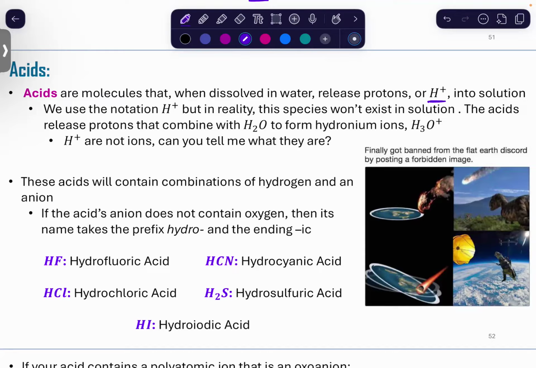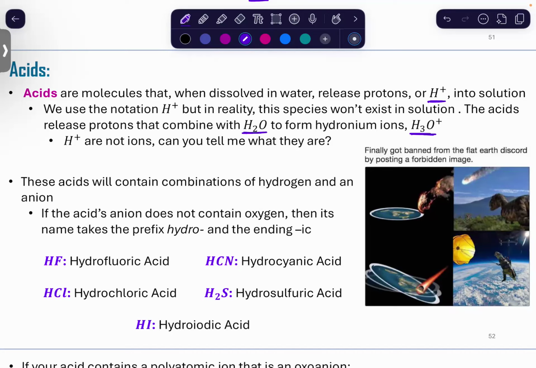You'll see that in chemical equations. However, this does not actually exist in solution. What's going to happen is your acid is going to break off a hydrogen. That hydrogen will collide with the water and it will form hydronium ions in solution.